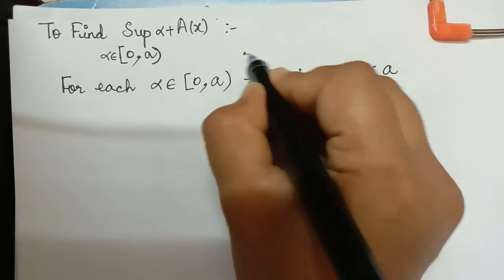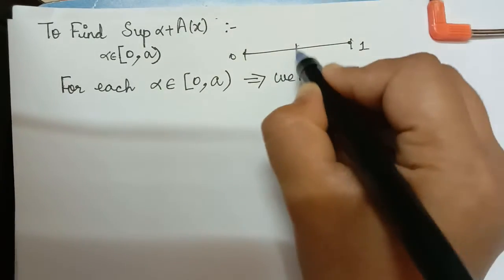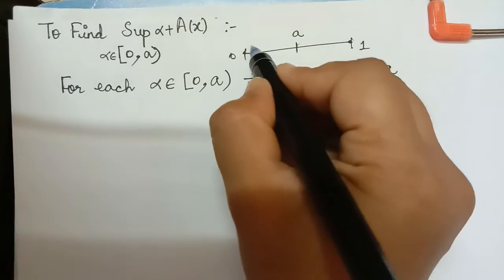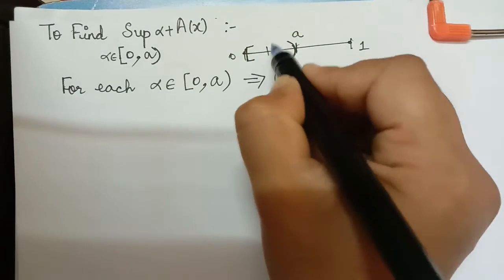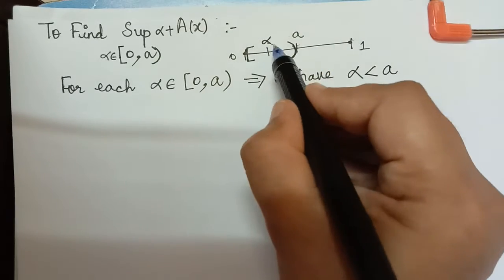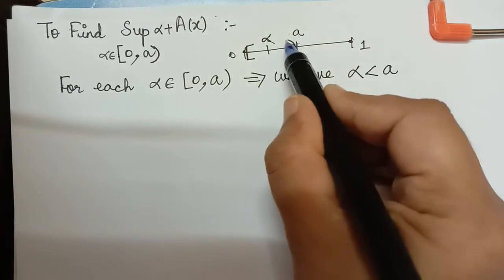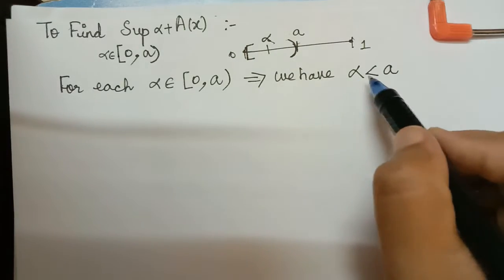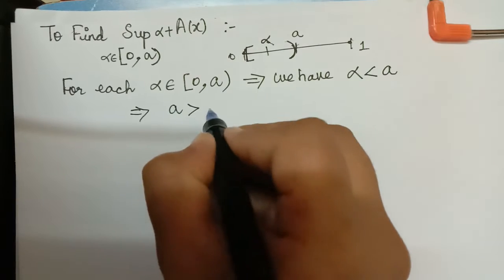For example, this is 0 and 1 and somewhere here we have a. We are considering closed interval 0 and open interval a, so our alpha will be somewhere here. It will definitely be lesser than a because we have excluded a. So this can also be written as a is greater than alpha.